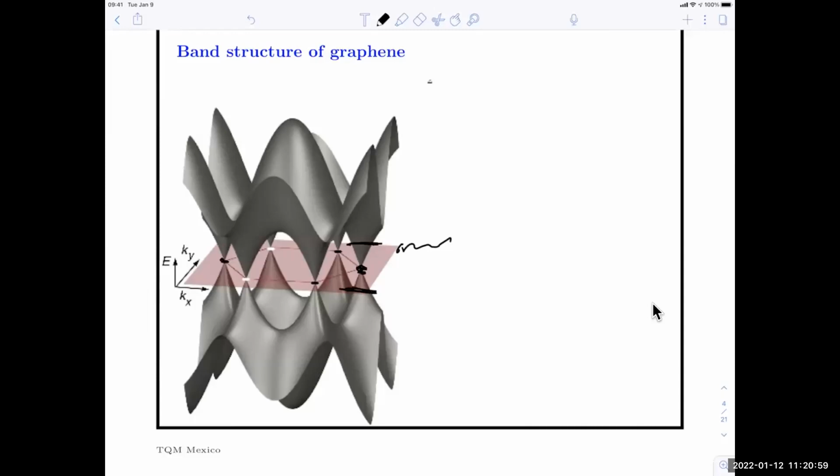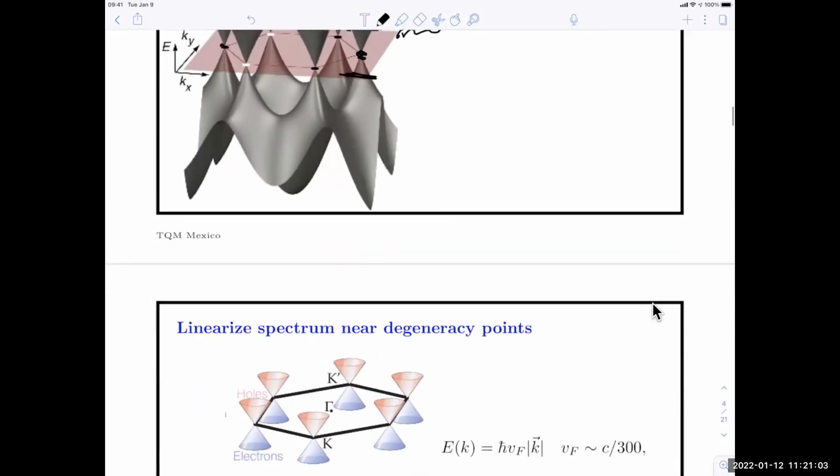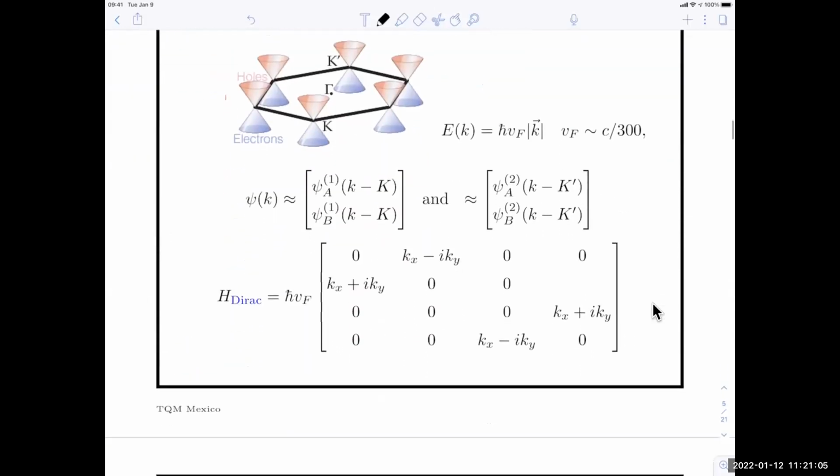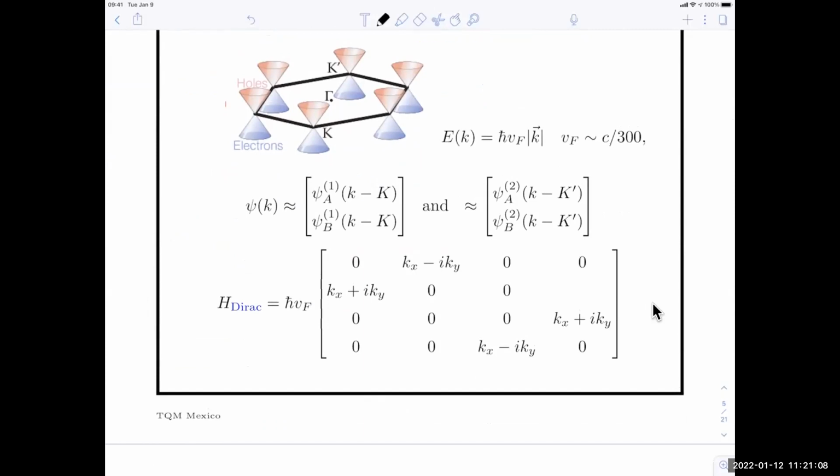And in fact, looking at the details of the lattice Hamiltonian and how one finds that, one could see that for small momenta in the vicinity of these so-called K points, the lattice Hamiltonian actually can be made to look like a matrix Hamiltonian, which depends on derivatives or here wave numbers. And that matrix Hamiltonian looks just like the Dirac Hamiltonian of a three-dimensional fermion.